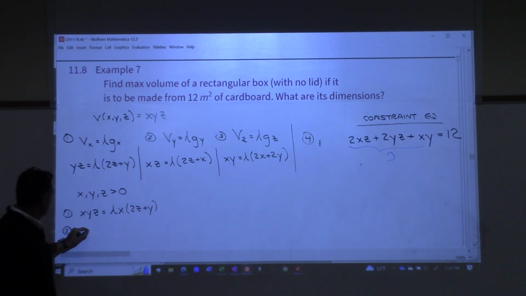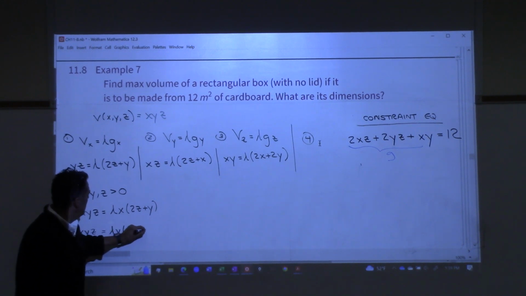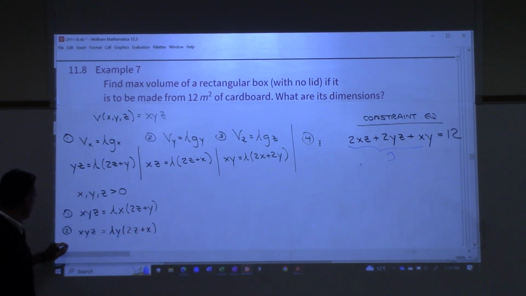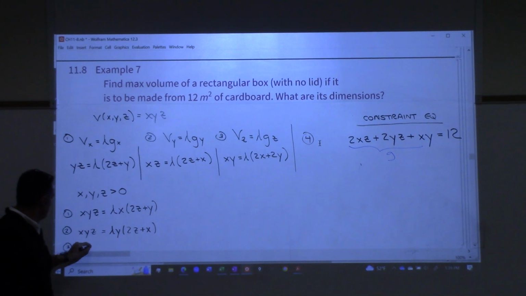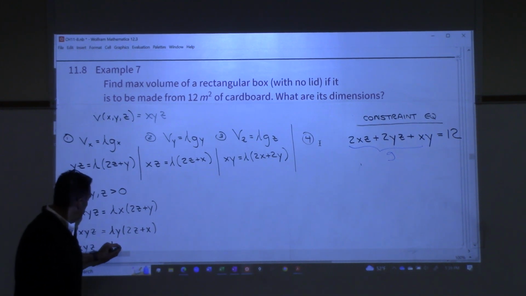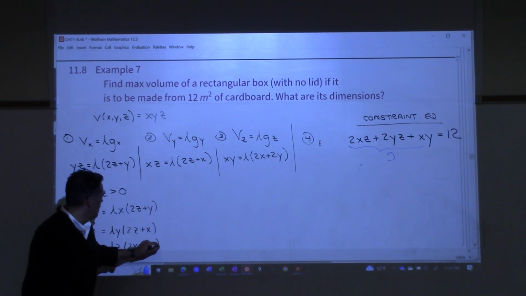So xyz equals lambda y times 2z plus x. And then finally, the third equation becomes, multiplying both sides by z, xyz equals lambda z times 2x plus 2y. All right.